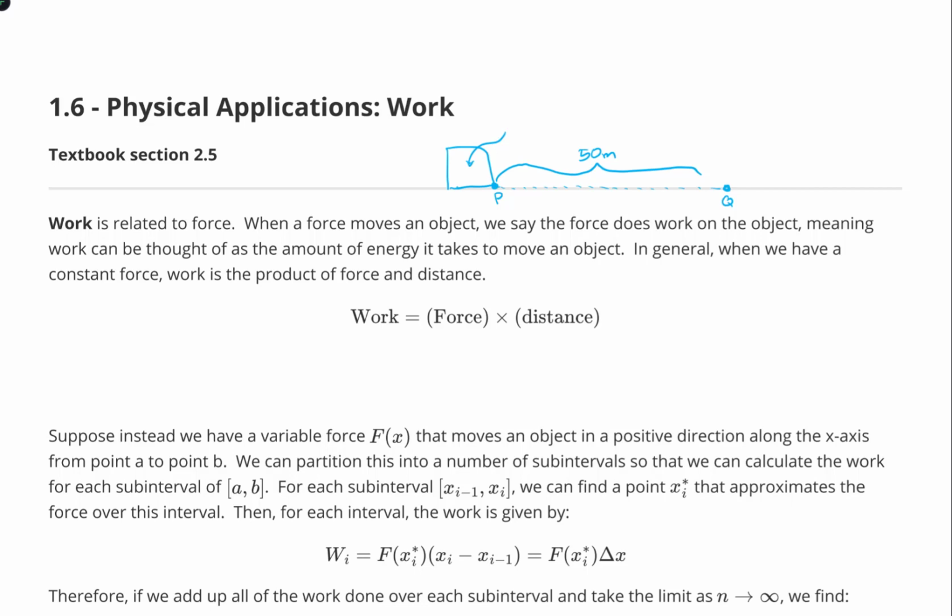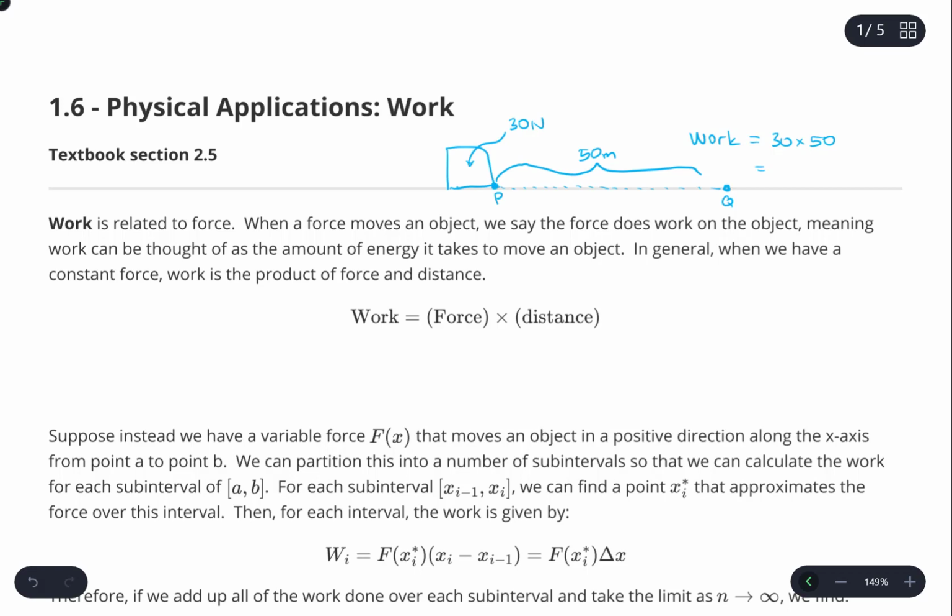So maybe 30 newtons is the weight of the box, and then we move it 50 meters. Then the amount of work done here is the product, 30 times 50, which would be 1,500 newton meters, or joules.